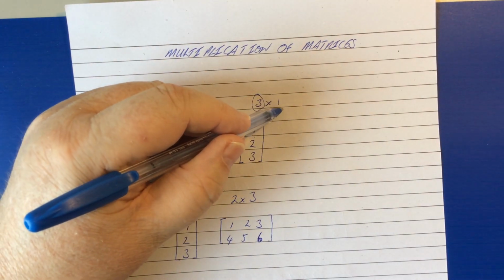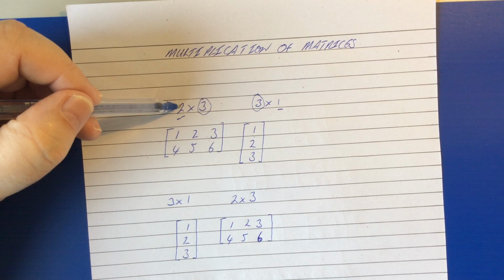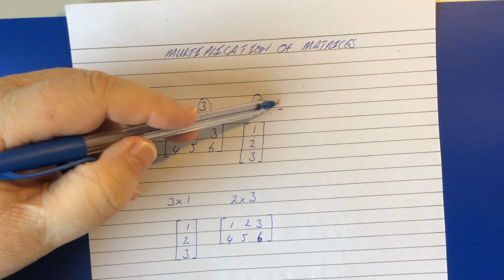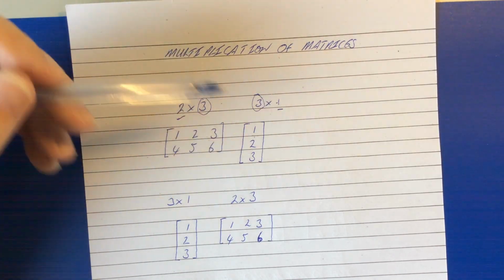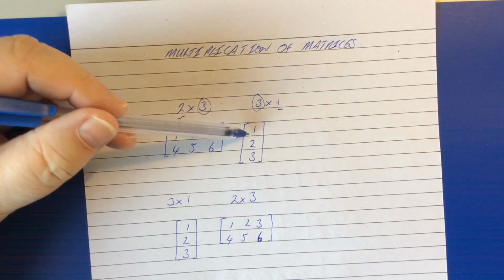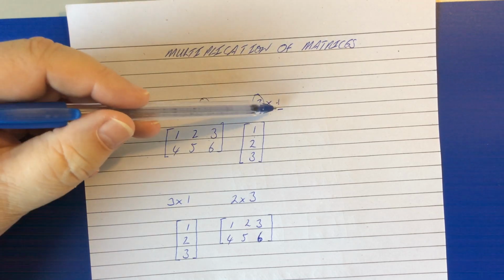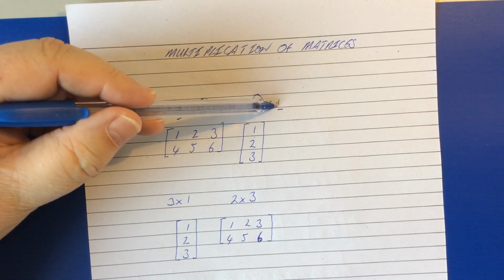The matrix that you'll end up with has 2 rows and 1 column. So just to go back over this, if these numbers are the same, you can multiply these, and the result that you will get will be a 2 by 1 matrix.